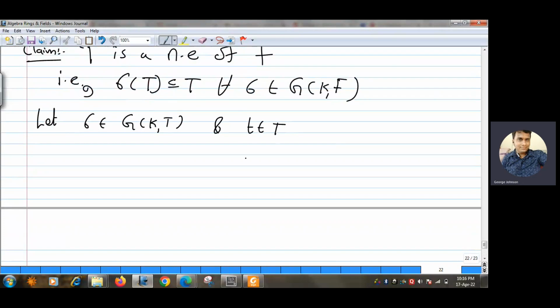Let t belongs to T. So now our claim is that sigma of t is in T. Okay, I need to just prove that sigma of t is in T. For that, let us see what we can do.